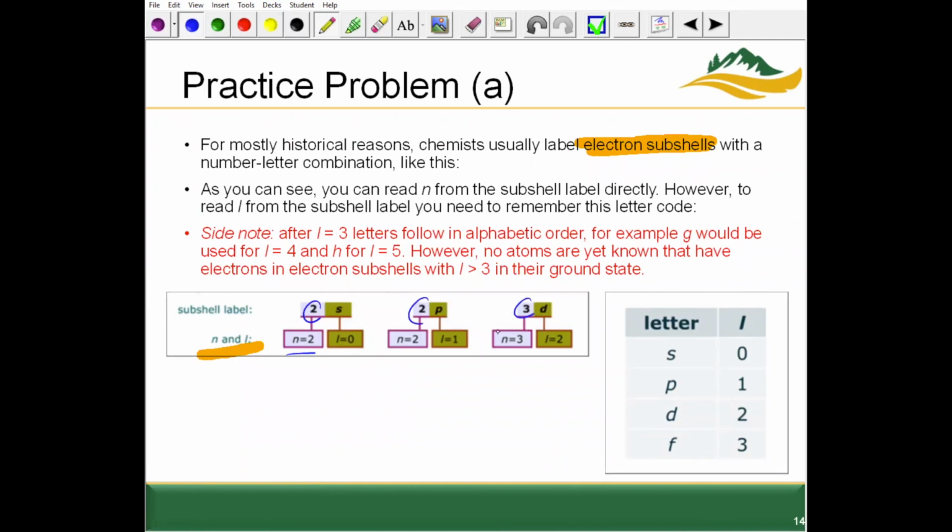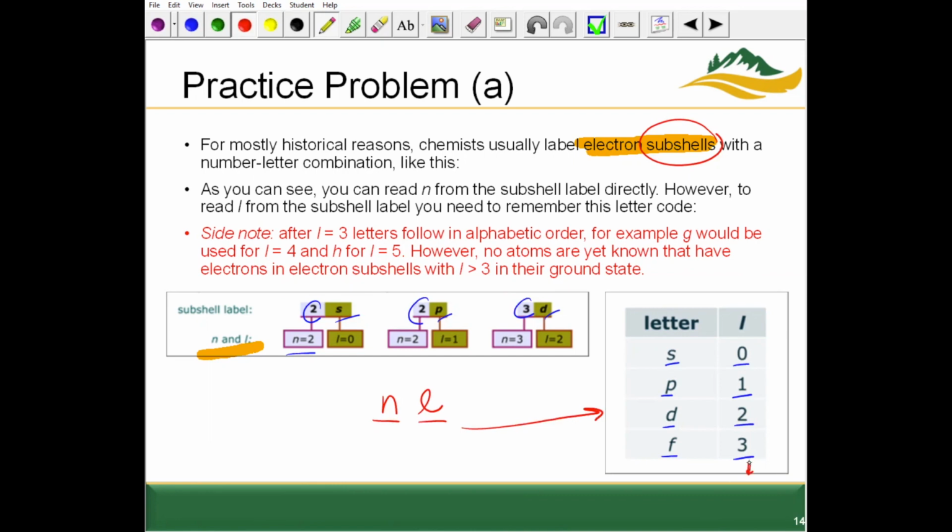For l, however, we have to look at the letter s, p, d, f. s means the l value is equal to 0, p an l value of 1, d an l value of 2, f an l value of 3. So a subshell we describe as n and l, the number and the letter that we get from here.